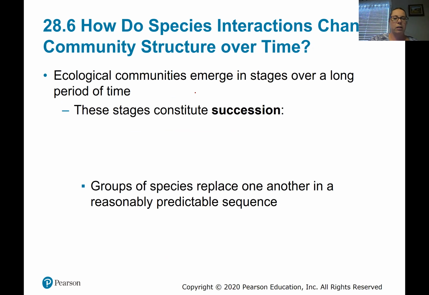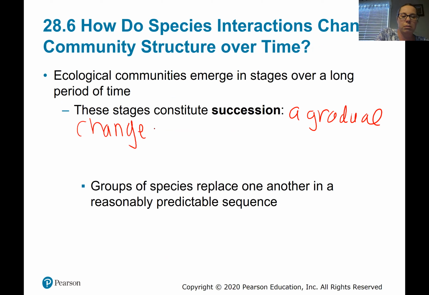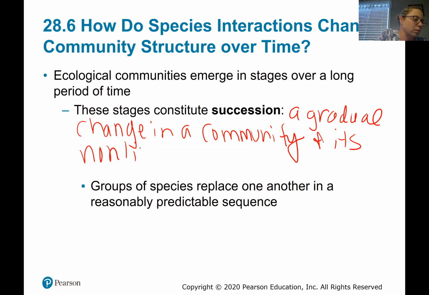Last thing that we're going to cover is how communities change over time. This is called succession, and succession is a gradual change in a community and its non-living environment, which is basically the ecosystem.